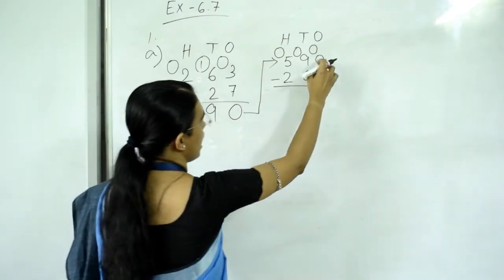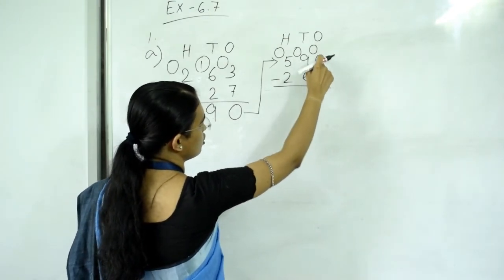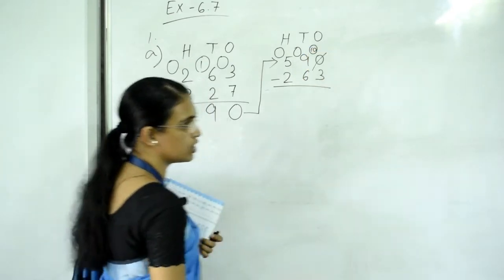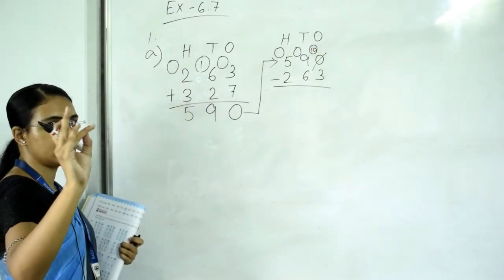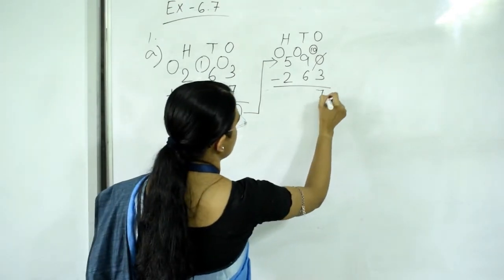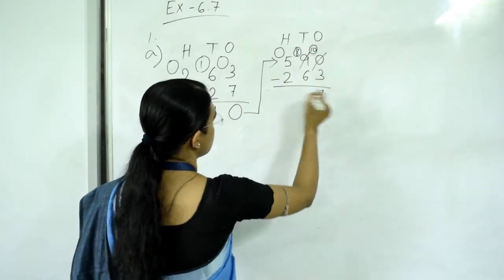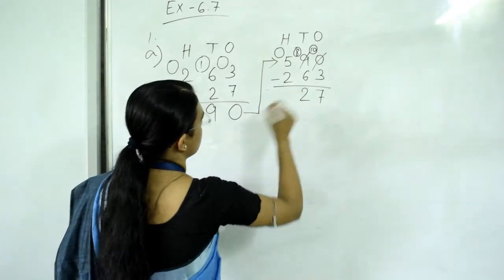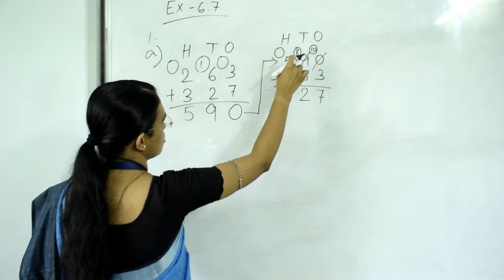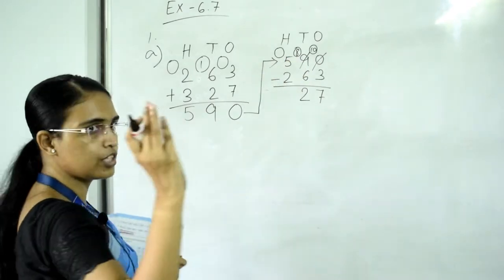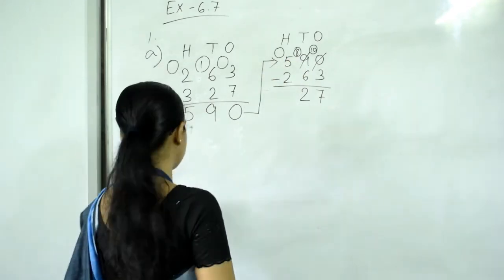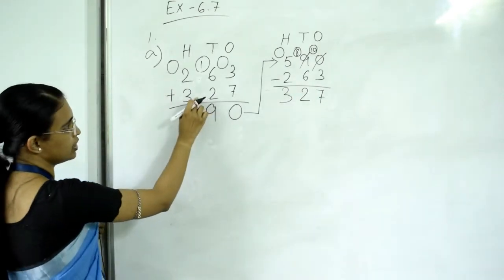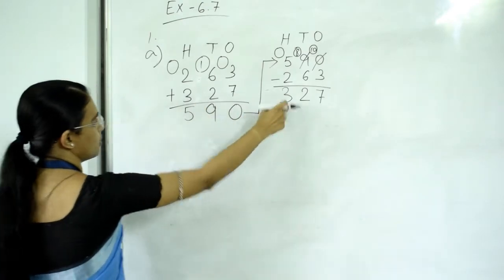In the ones place we have 0 at the top, then 3. 0 becomes 10. 10 minus 3 is 7. Carry 1. 9 becomes 8. 8 minus 6 is 2. Now there is no carry, so 5 minus 2 is 3. We have got the answer 327.